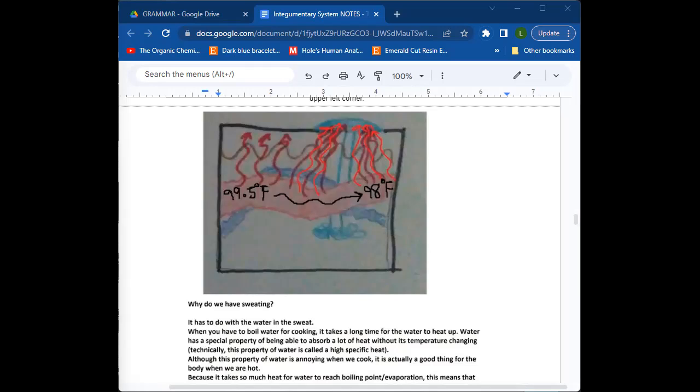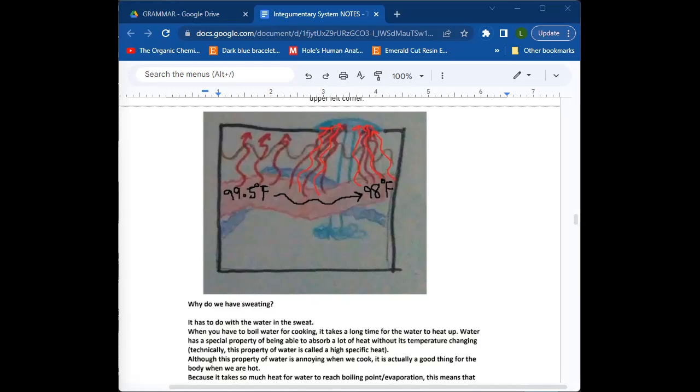Like I said, like a big sponge, just soaking it up. And so as the water in the sweat soaks up and absorbs this heat from the blood vessel underneath it, technically that's taking the heat away from the body. It's removing the heat from the body.